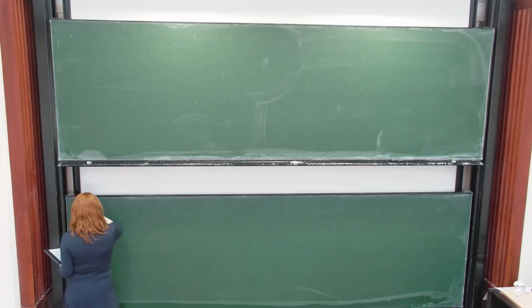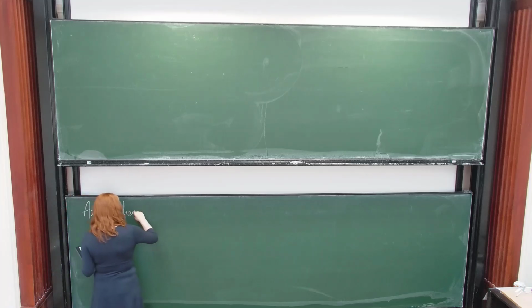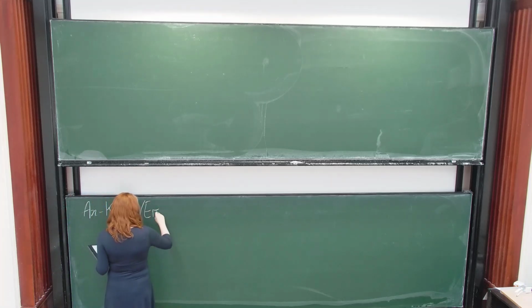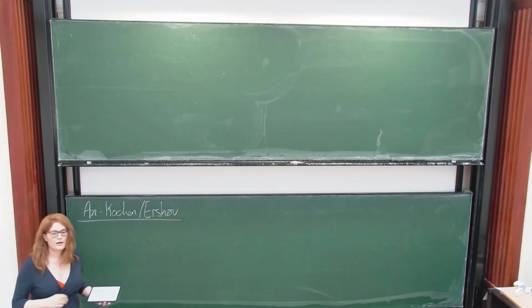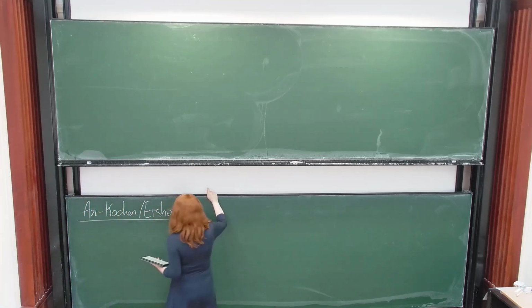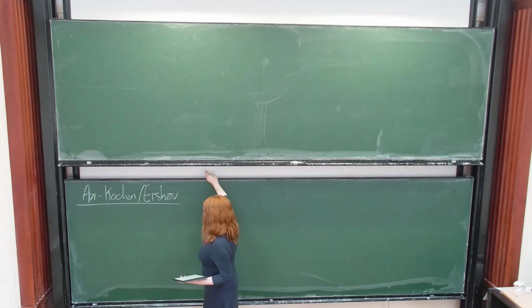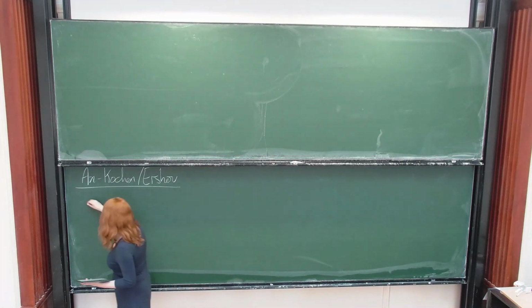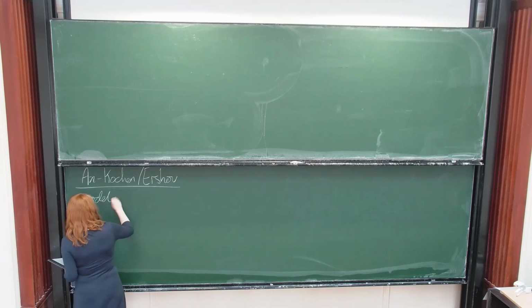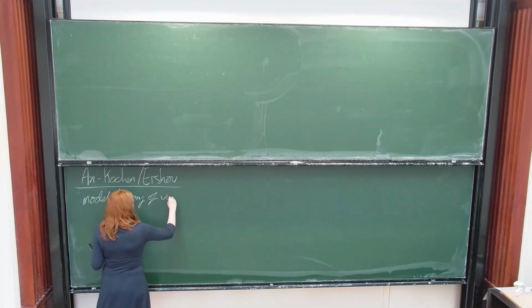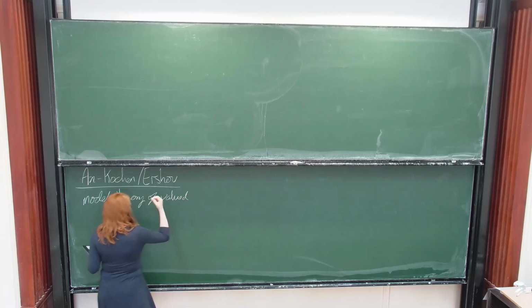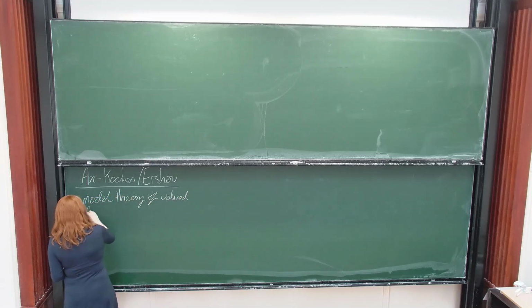So basically, I want to talk about Ax-Kochen Ershov, which is a collection of results beginning in the 1960s about the model theory of valued fields. But with very solid algebraic applications.